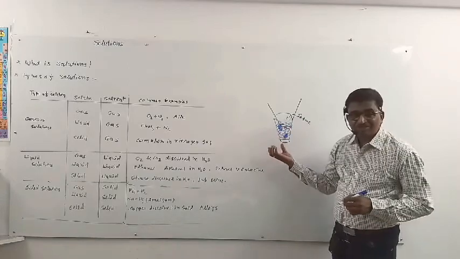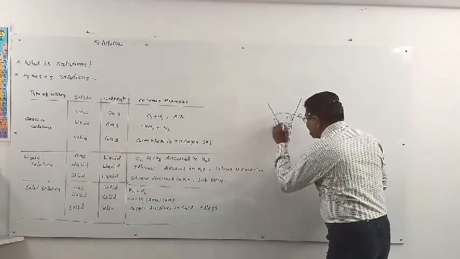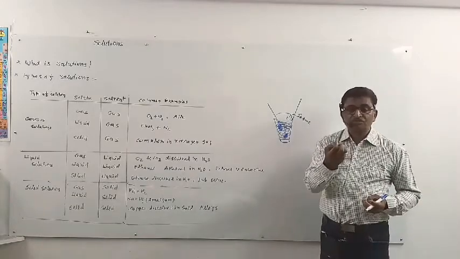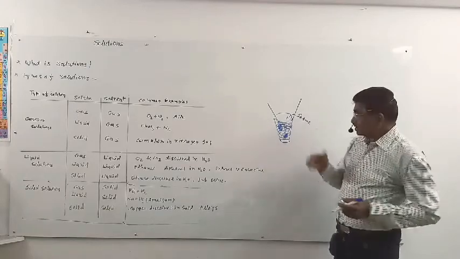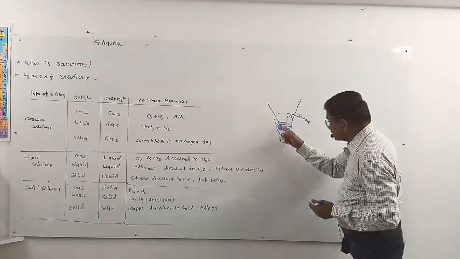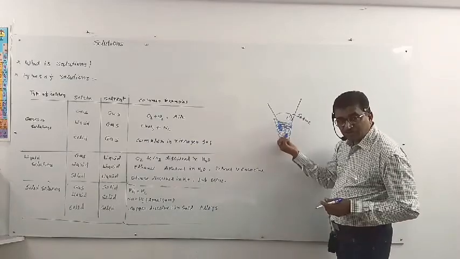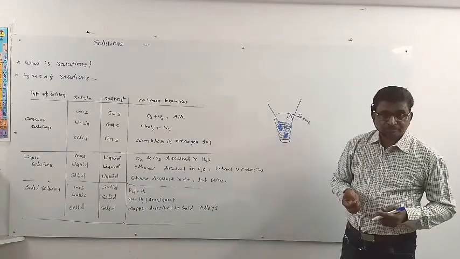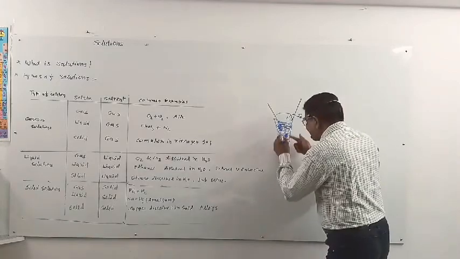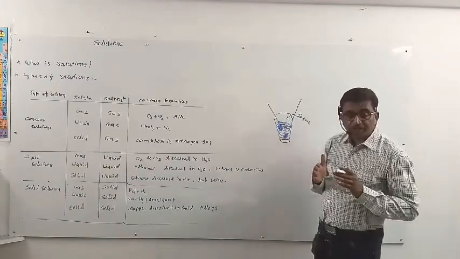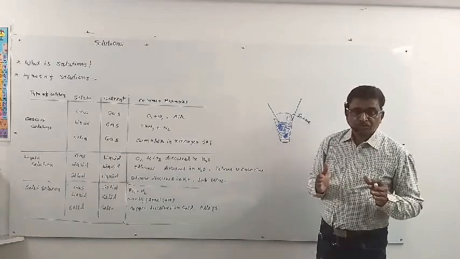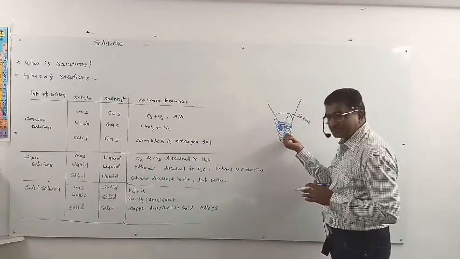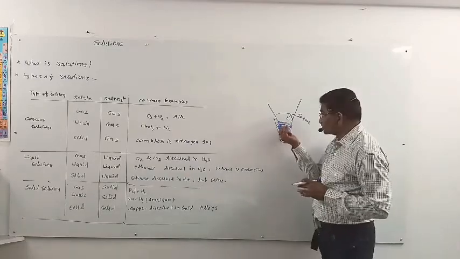The homogeneous mixture means each and every area of the solution has the same part of 2 or more components. In our case, each and every part of the solution you take and taste, you feel the same taste, because in all areas they make a homogeneous mixture. You will never see here the part of sugar is more and here the part of sugar is less, because this one is the homogeneous mixture.